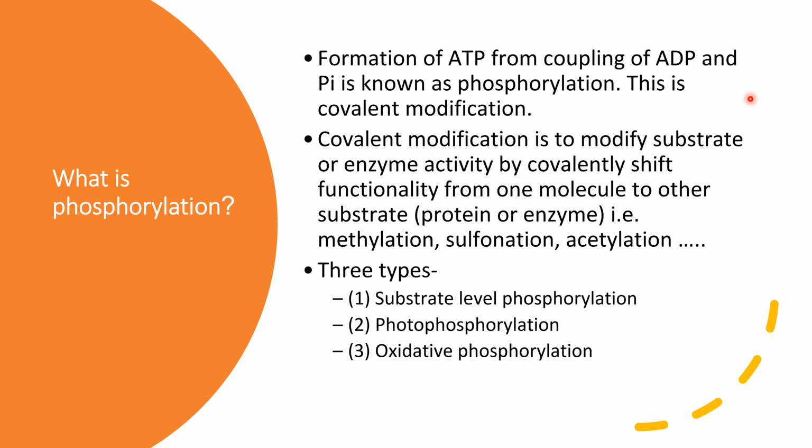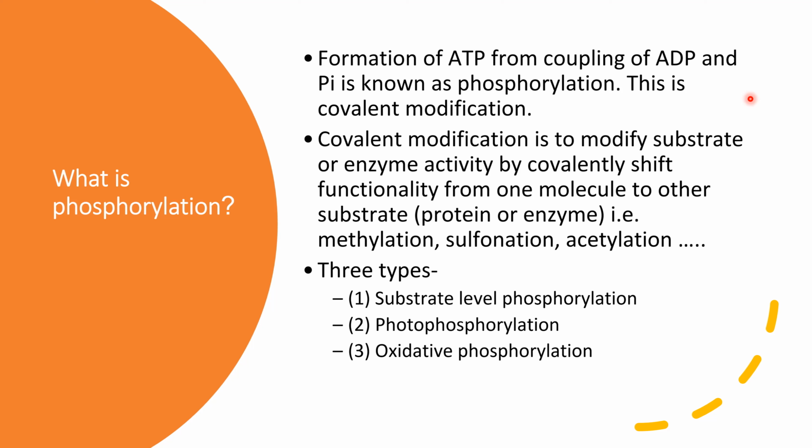So covalent modification is basically modifying a substrate or enzyme activity by covalently shifting functionality from one molecule to another substrate, and that substrate could be a protein or an enzyme. As a chemistry student, you know methylation, sulfonation, acetylation, or generally alkylation.